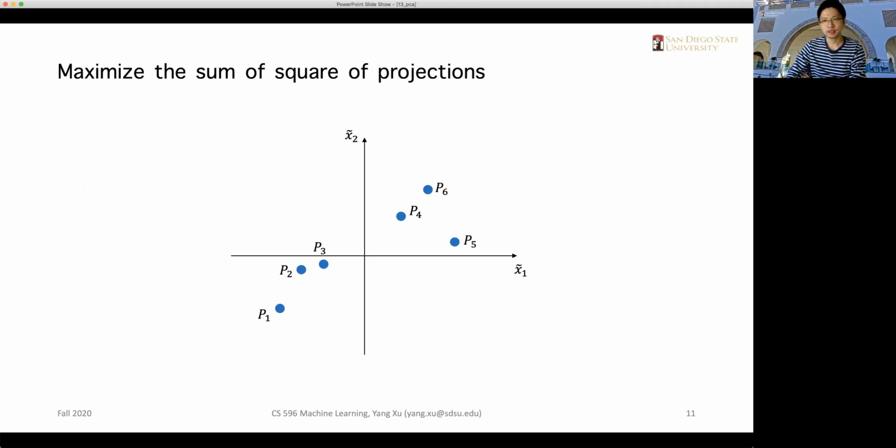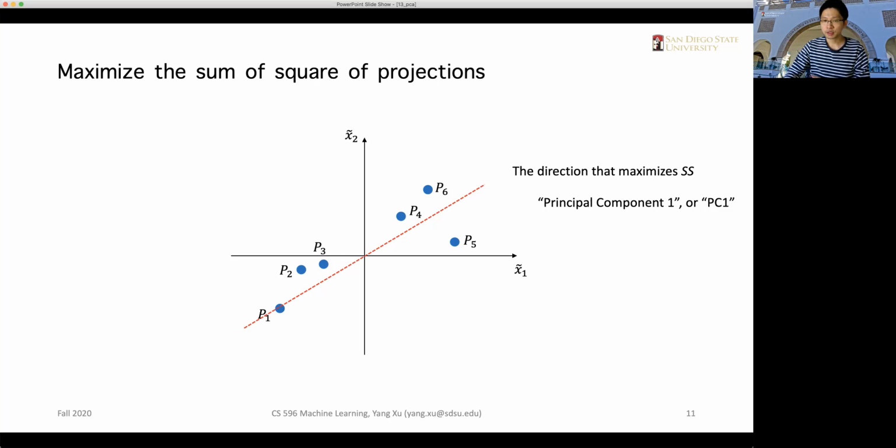This is the first candidate we considered. What if we turn the candidate a bit clockwise? Then it will show us a different projection. If we spin it further, it will give another projection. Maybe at some point indicated by this red dashed line, it could be the ideal dimension to project all the data points, because this direction maximizes the sum of squares.